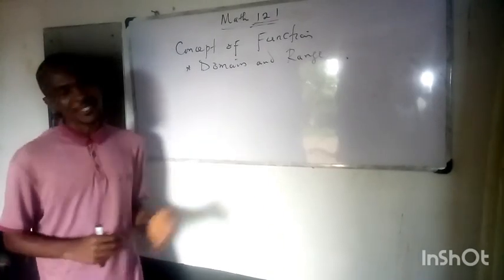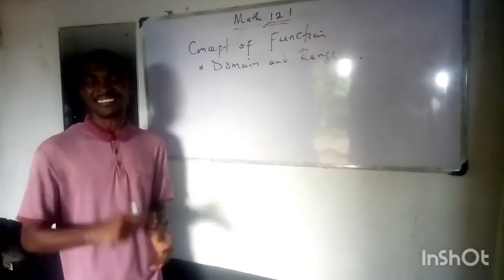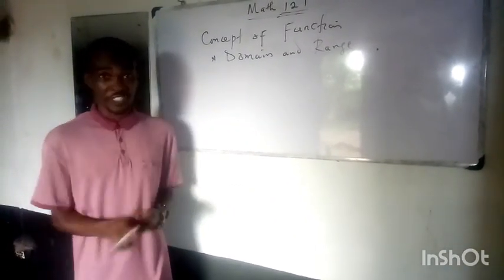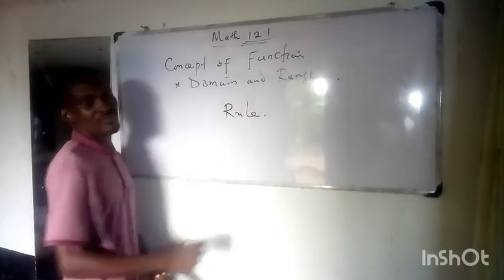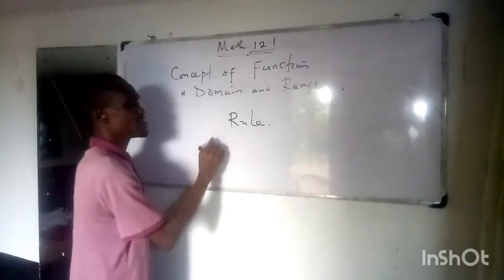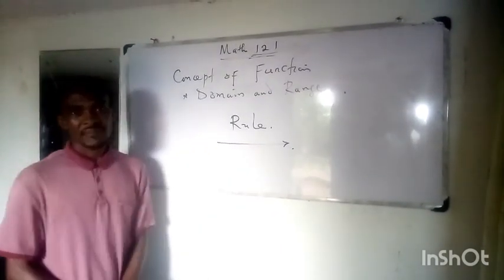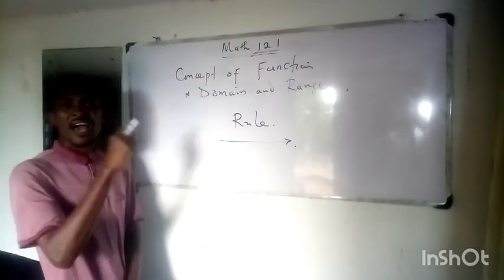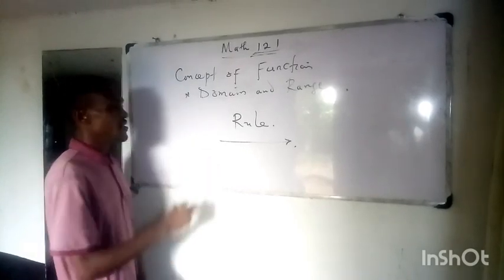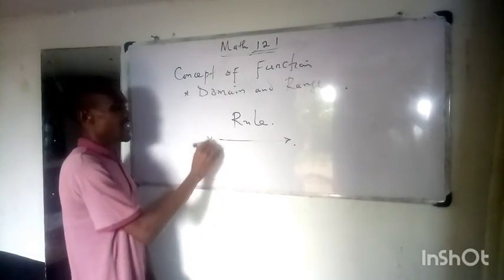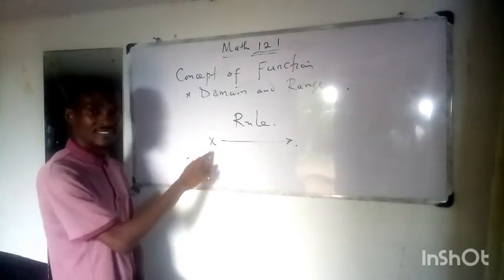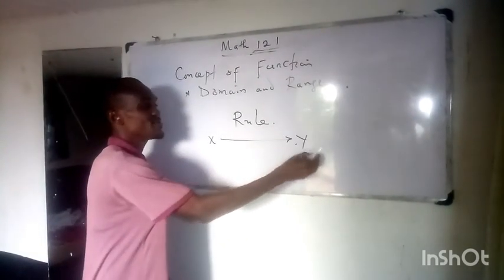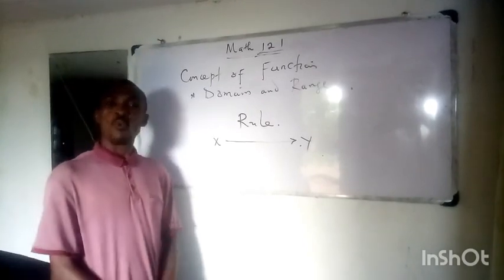But then what is a function? What actually is a function? A function in mathematics is simply a rule. This means that it is a rule that relates the values of a variable x to the values of a variable y.